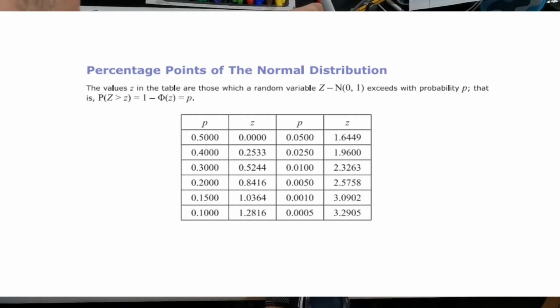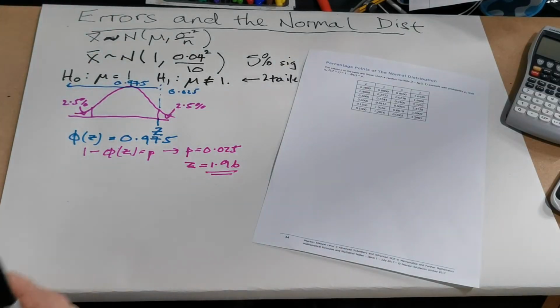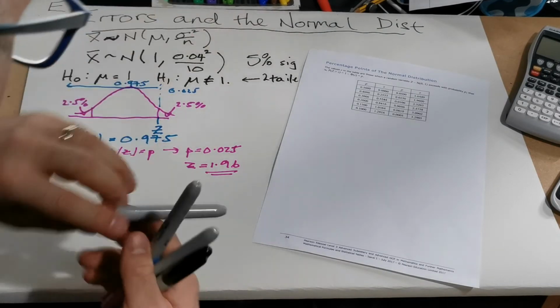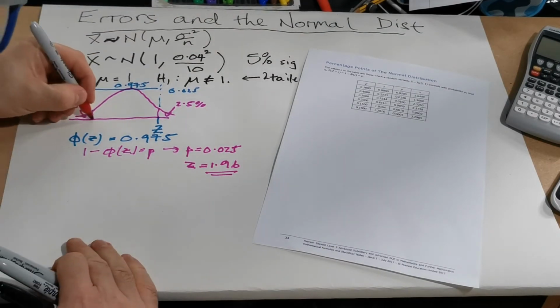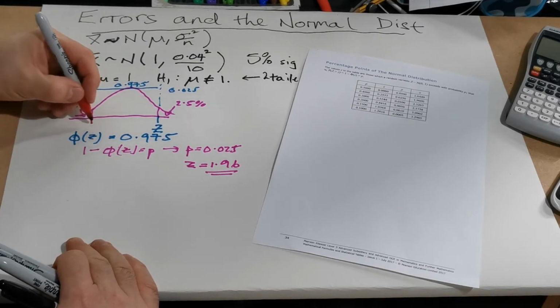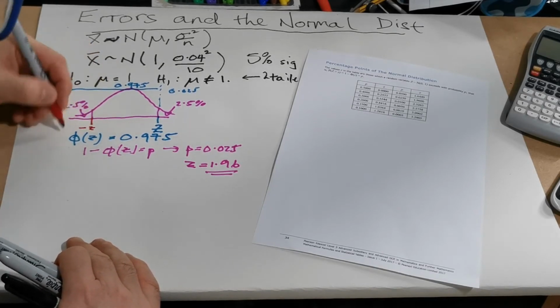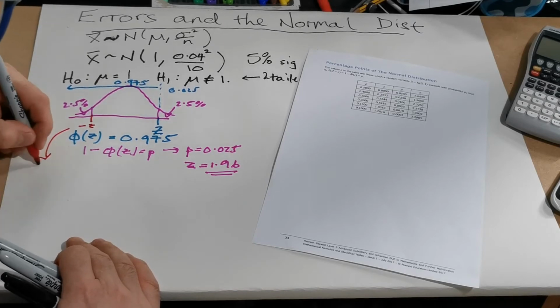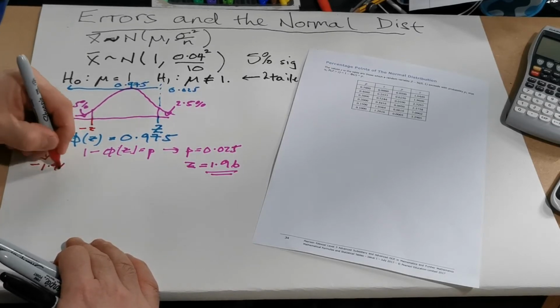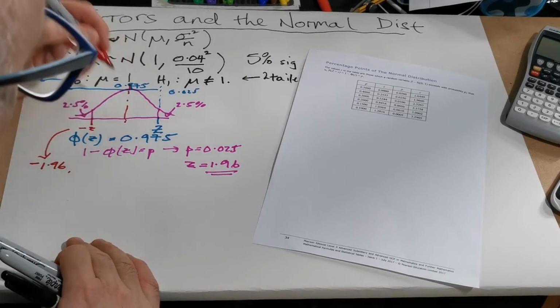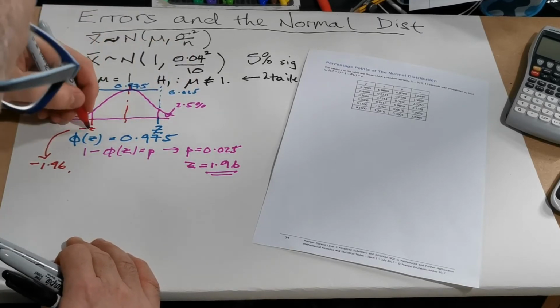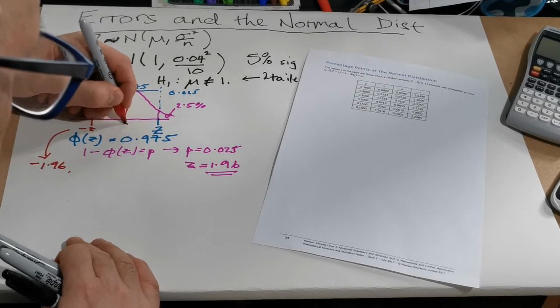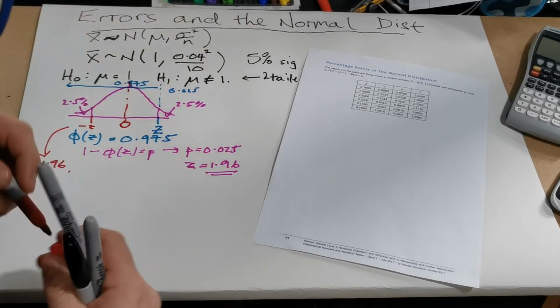And if I look down here, that will tell me that Z is 1.96. If you do loads of these questions in your revision, you'll know that that's a figure that comes up a lot. So this value is Z, and this value here is minus Z, minus 1.96. That's due to the symmetry of the standard normal distribution, with 0 in the middle, and positive and negative.